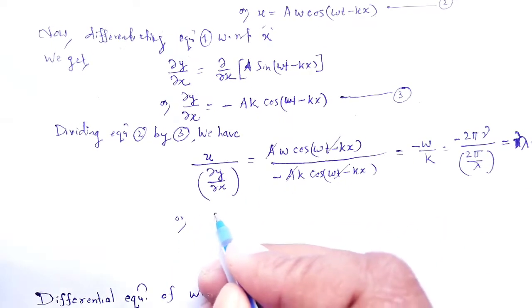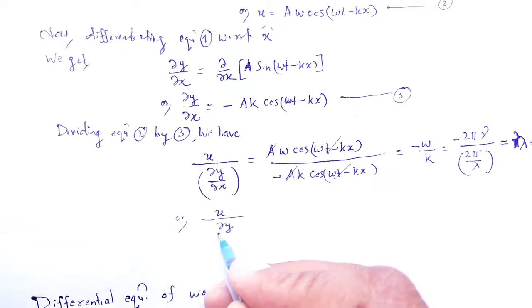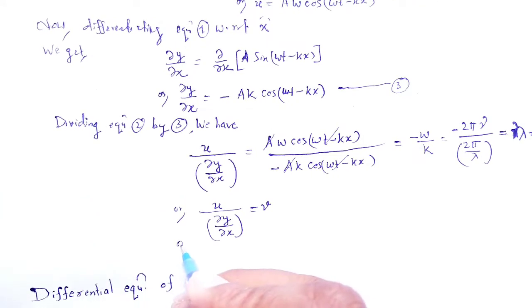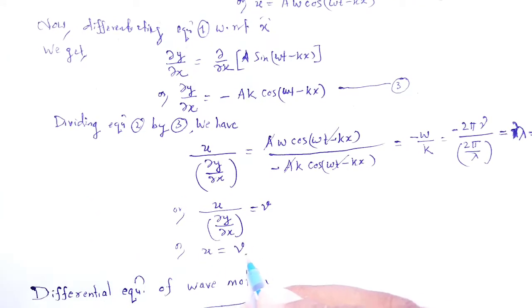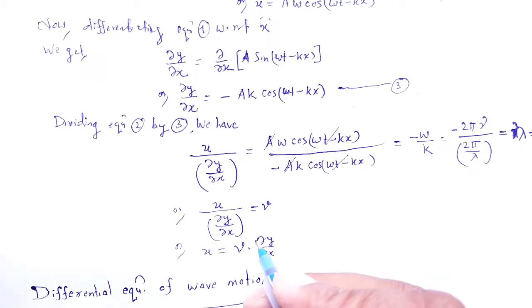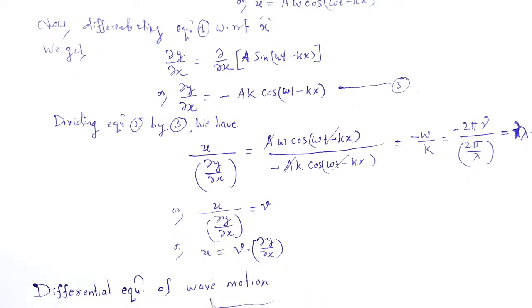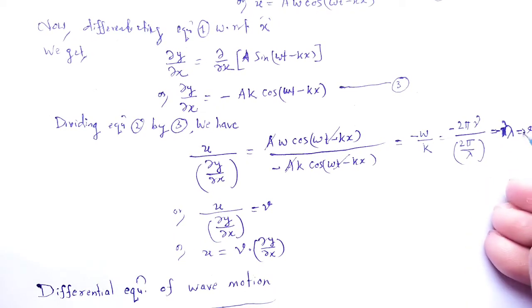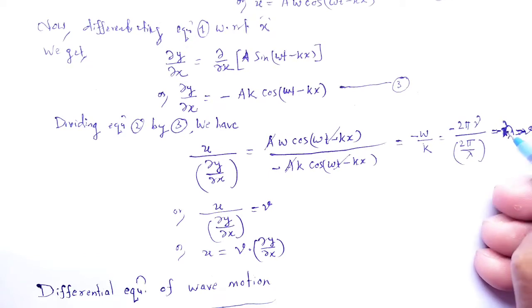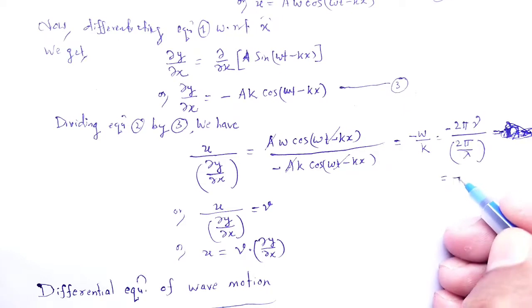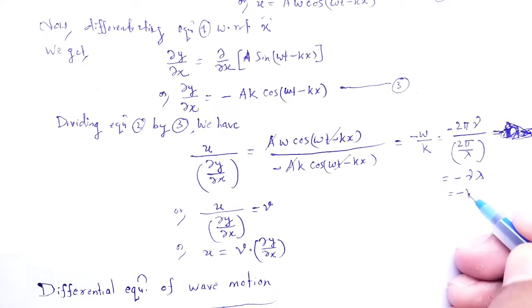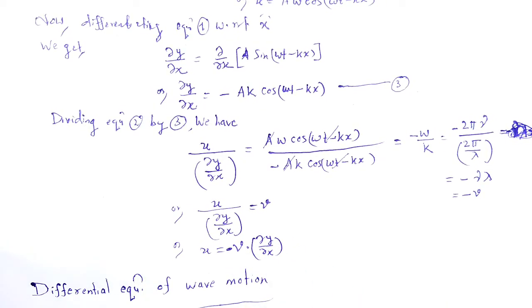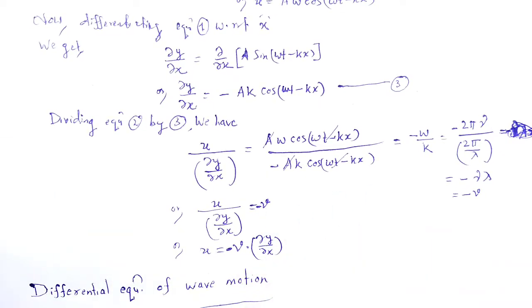Therefore u divided by ∂y/∂x is equal to minus v, or u is equal to minus v into ∂y/∂x, and the sign is negative.